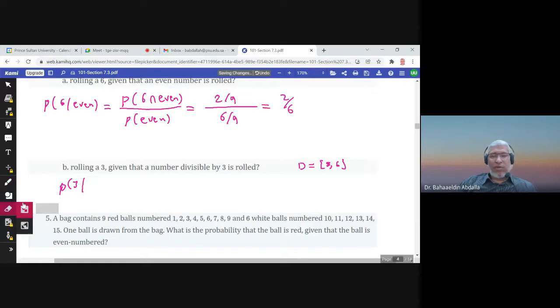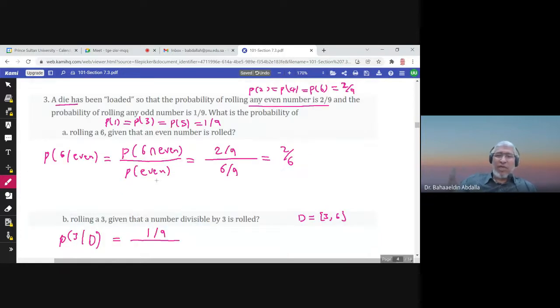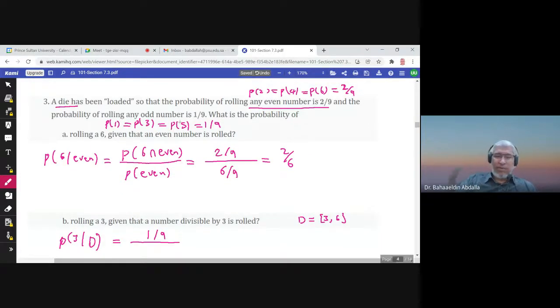What is the probability of D? So this is D, okay, divisible. Probability of 3 intersection D, so it's probability of 3. Probability of 3 is 1 over 9 because 3 is an odd number.